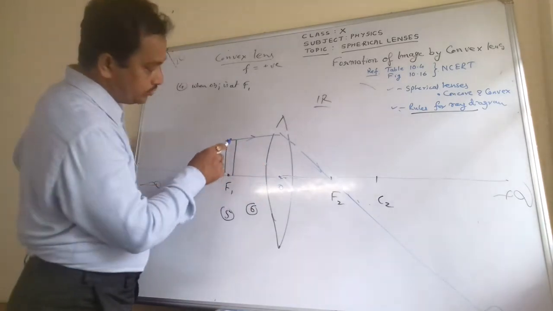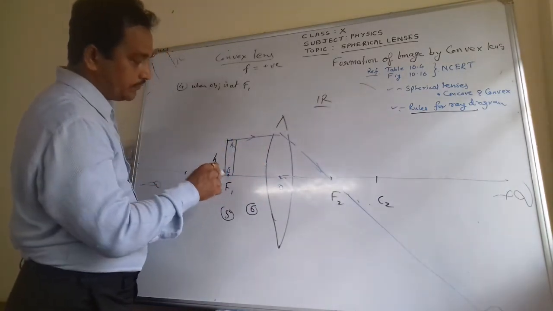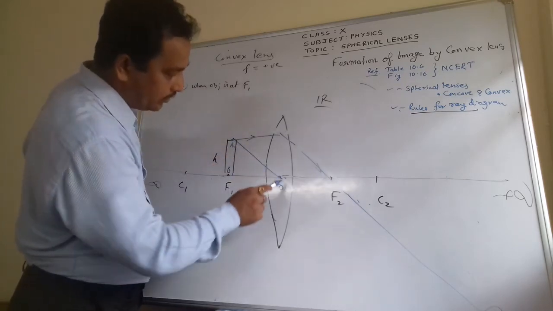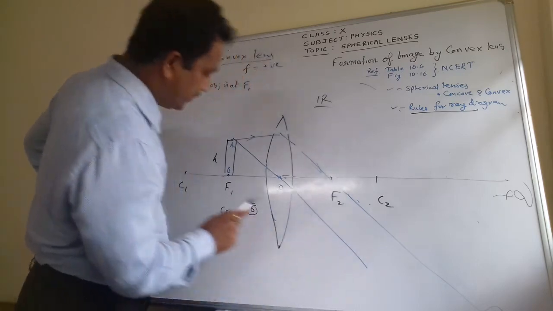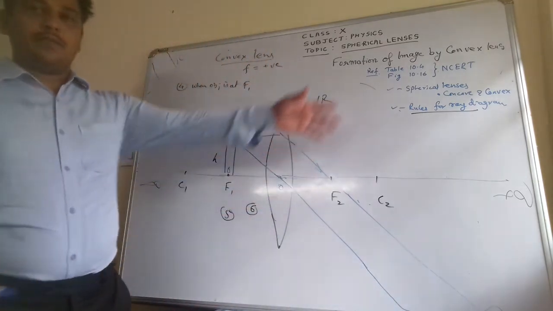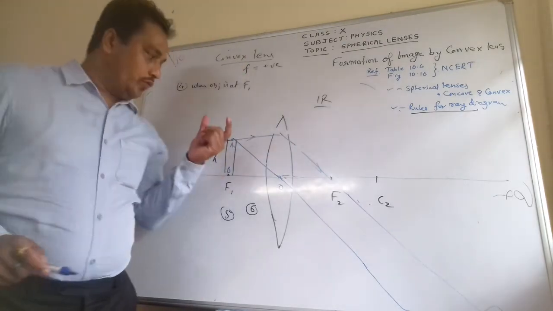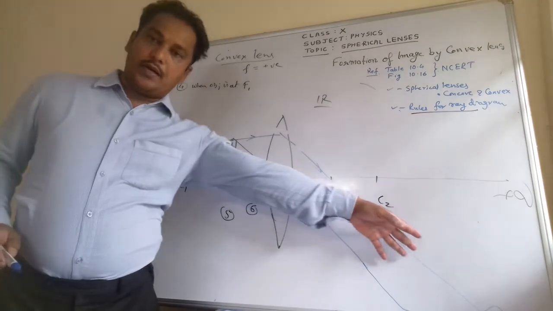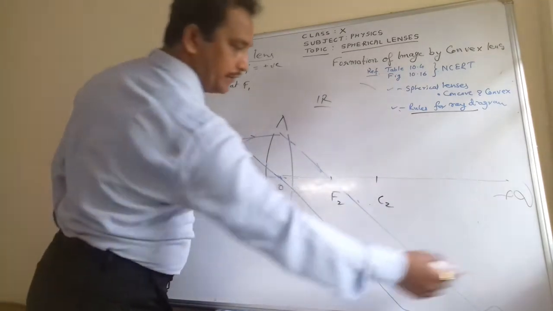So let us draw that also from the tip of the object. These 2 points are needed for one straight line. You can find here that the rays are going parallel, where they will meet at infinity. So when the object is placed at the focus, the image is formed at infinity.